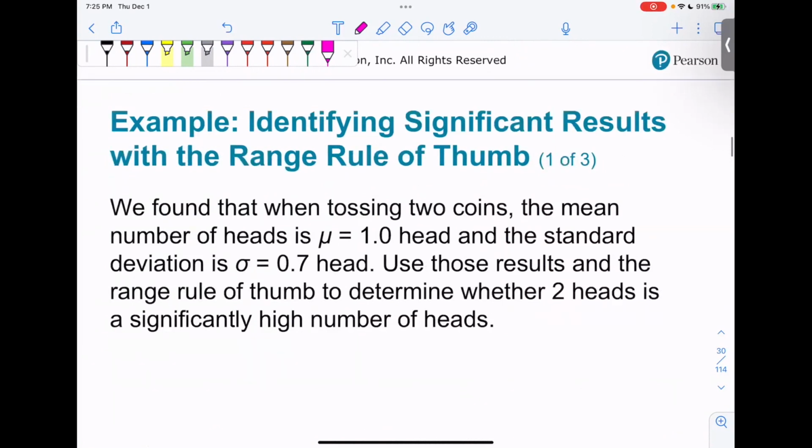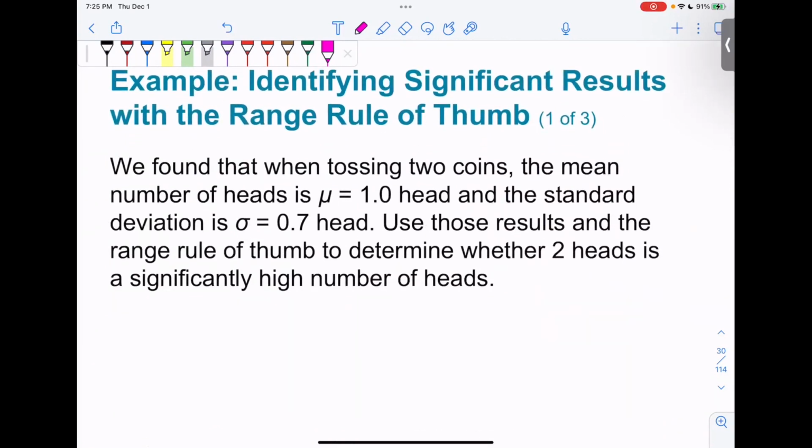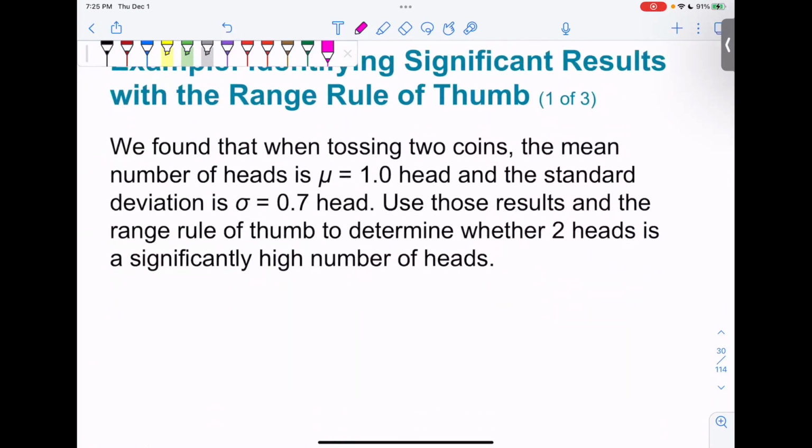So let's see. We found that when tossing two coins, the mean number of heads, mu, equals 1, which is the same example we did, and the standard deviation equals 0.7, which is the square root of 0.5, right? Use those results and the range rule of thumb to determine whether two heads is a significantly high number of heads or not.